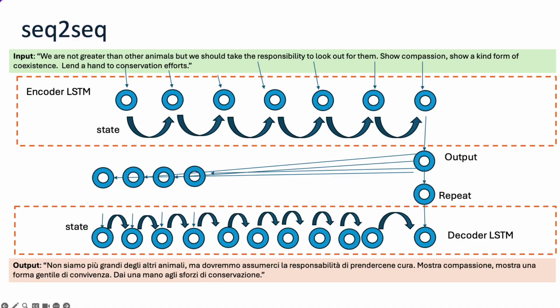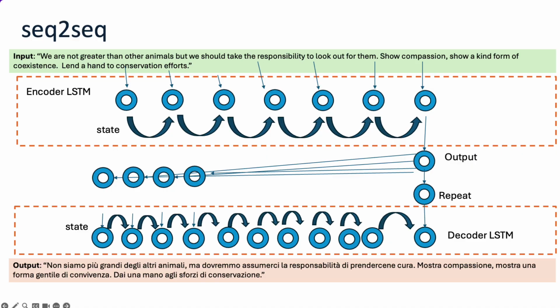And the cloned output is then passed into the second LSTM, which is called the decoder LSTM, and then you check each individual output stage of the LSTM to get each of the words translated. And the final output will have the finished translated sentence.